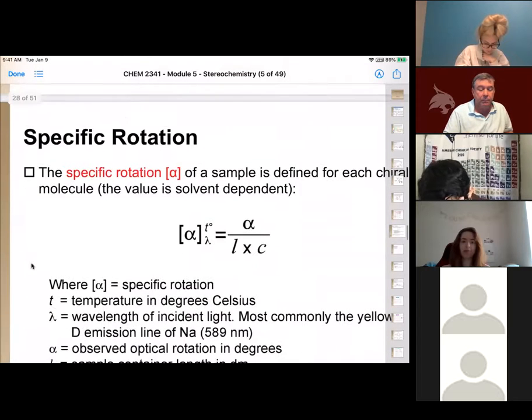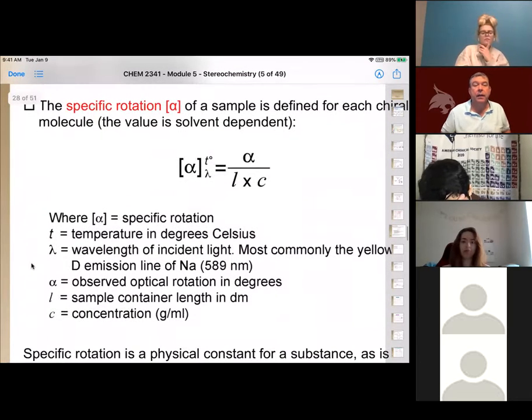Okay, so that brings us down to how we would do this, okay? So that was an observed rotation, just looking at how much it went. But now to compare our results to other people's results, we have to do what we call specific rotation. And specific rotation notes the temperature and is set by a specific concentration and path length, okay?